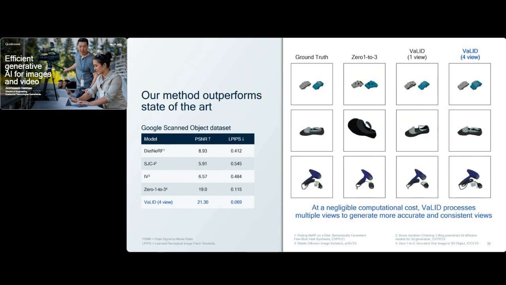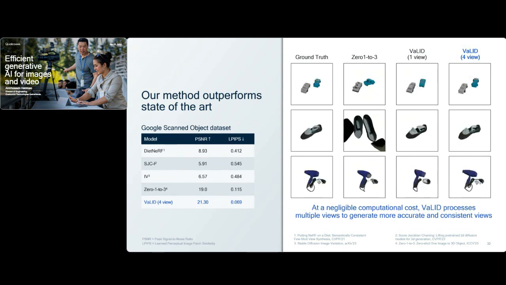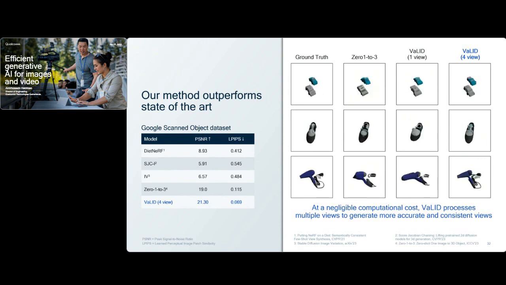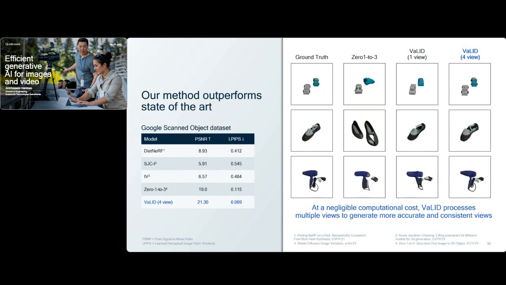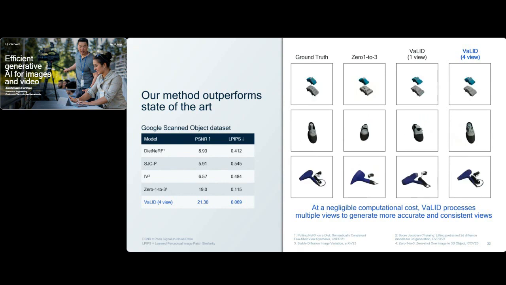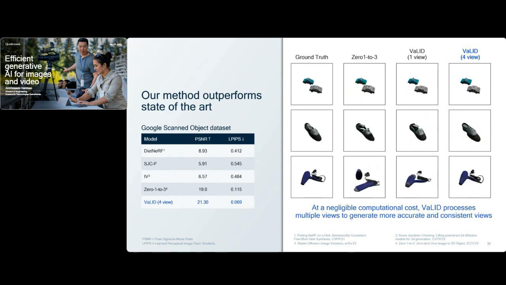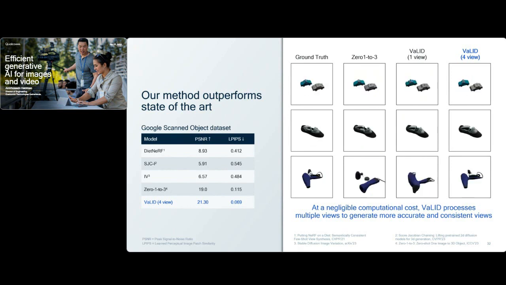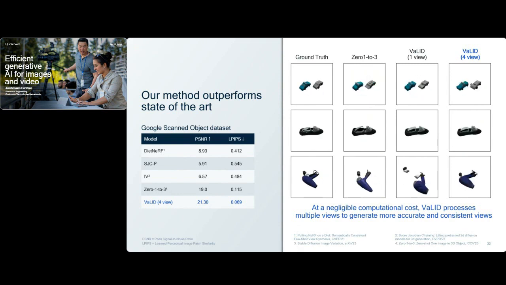As we see, both Zero-1-to-3 and single-view VaLID suffer from some poor generations, for example for the shoes and hair dryers. For some views we have a very bad novel view synthesis, which is fixed when you use 4 views, as you see in the last column, and this is also reflected in the quantitative comparisons we did with respect to the papers out there.